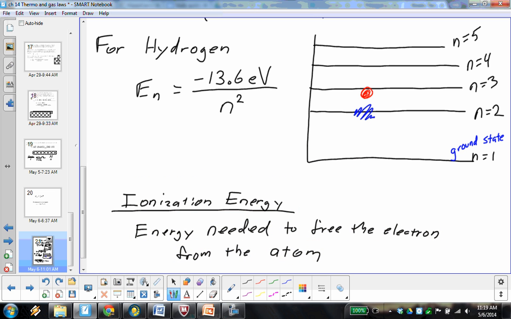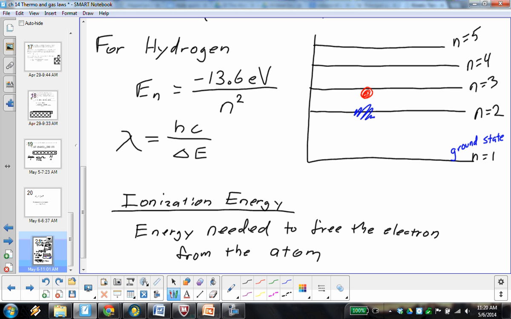So here's my equation. I'm going to state it this way: the wavelength of that light, of that photon, is going to be equal to hc over delta E. It's equal to the change in energy of that electron.